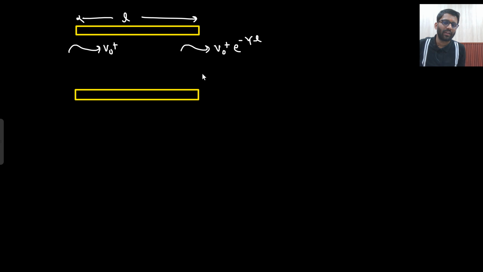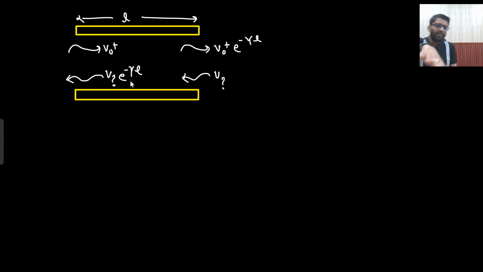It is traveling a distance of L. And if you say that here something is generated, I don't know what is generated, what will be reaching here? Here V something e to the power minus gamma L will be reaching, because this is traveling down a distance of L. And now I am saying that this equals V0 minus. Whatever is reaching here, that equals V0 minus.